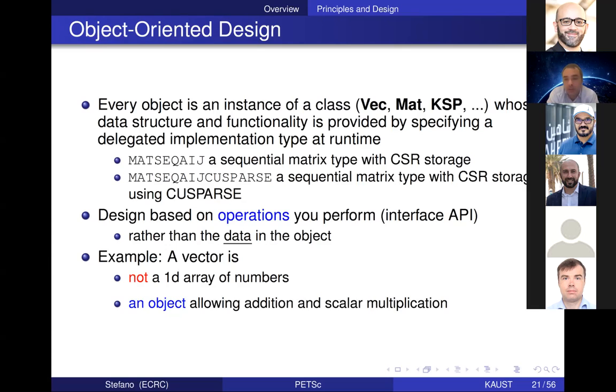So, in other terms, it is designed by the interface and not by the data which is in the object. So, for example, a vector is not a one-dimensional array of numbers, but instead is an object that you can use to add to another vector, to perform a scalar multiplication, so scale the vector, and many other operations.